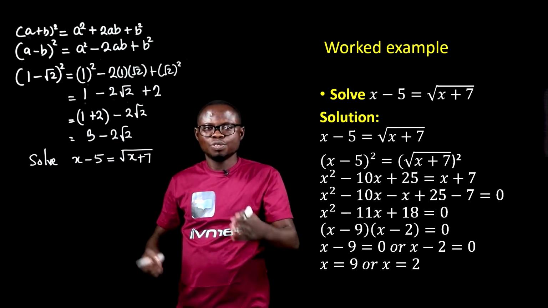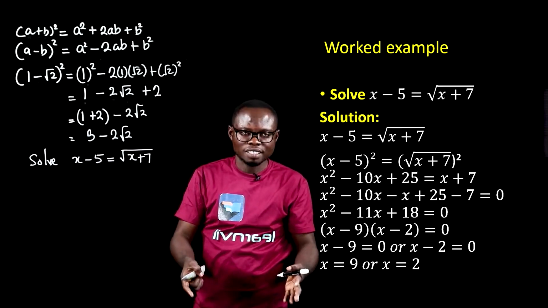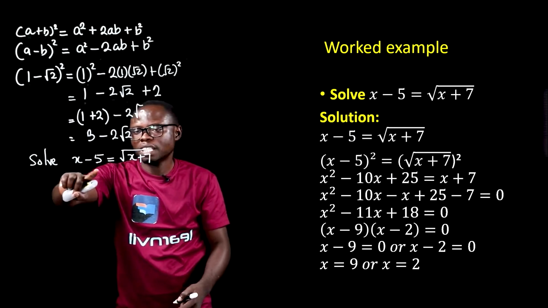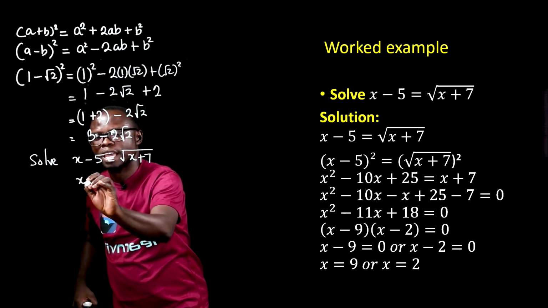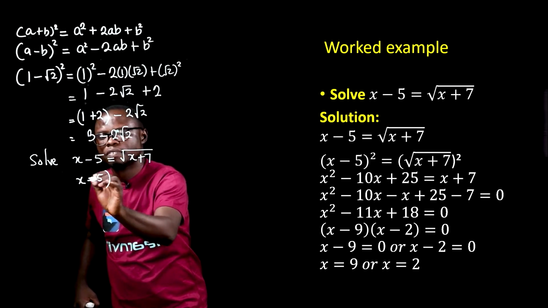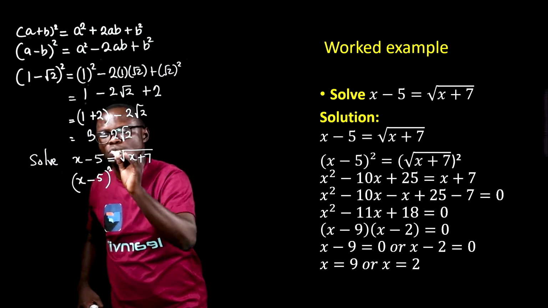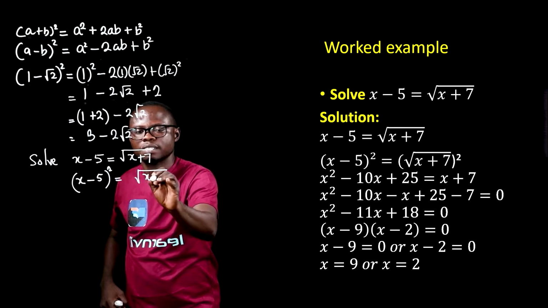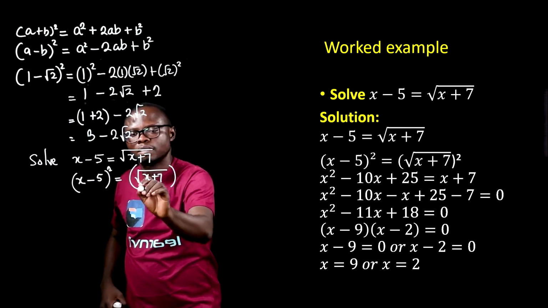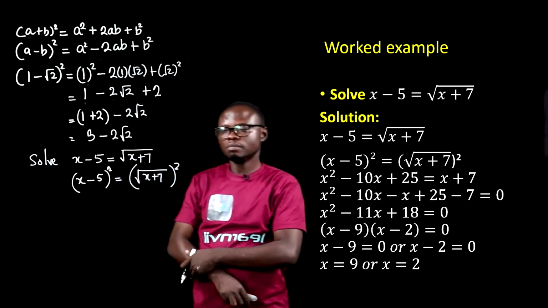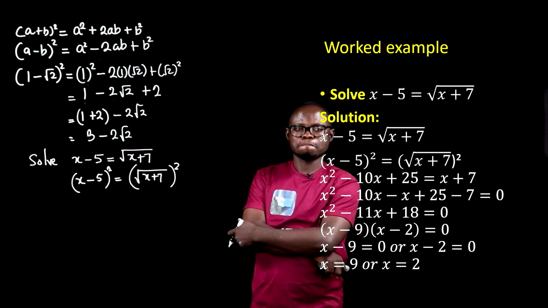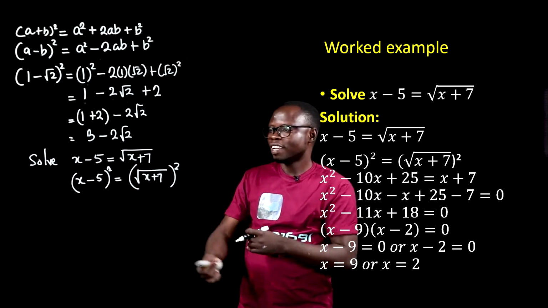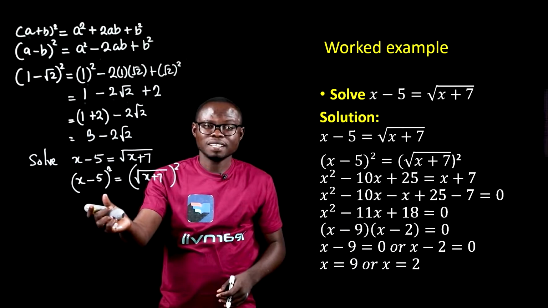Two, square both sides. So I pick the left-hand side. I have x minus 5, put it together and square, is equal to, I pick the right-hand side and square. Expand both sides and simplify.